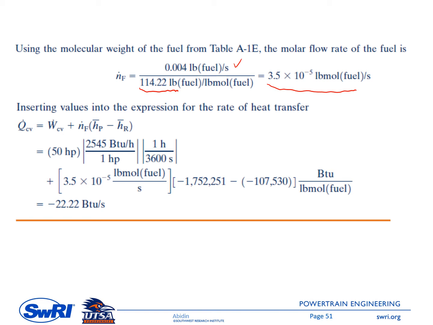Okay, and then by inserting this number into the energy conservation, we should be able to get the heat transfer from the engine of negative 22.22 BTU per second. So negative here means that the heat transfer is out of the engine.